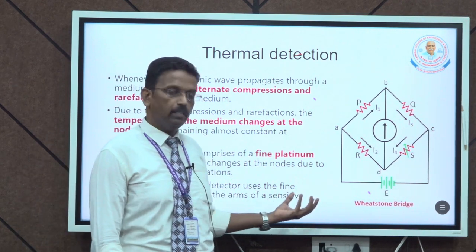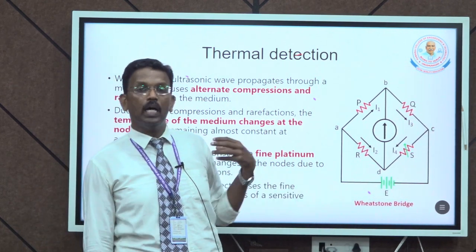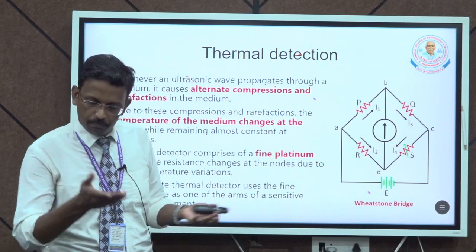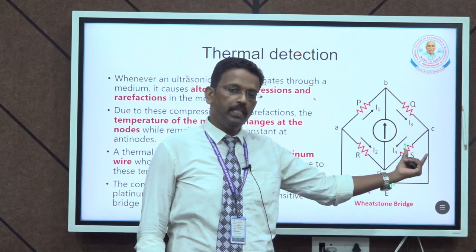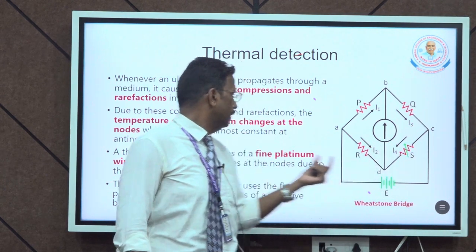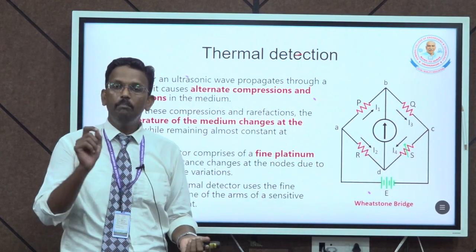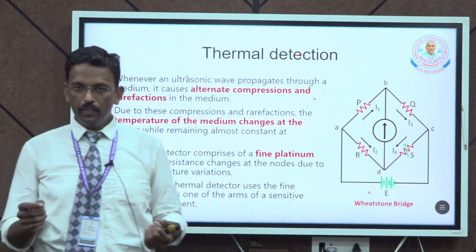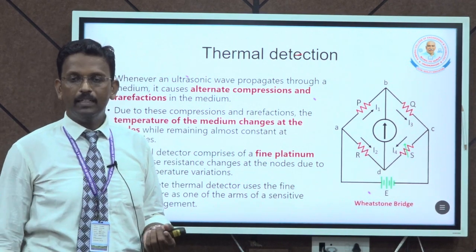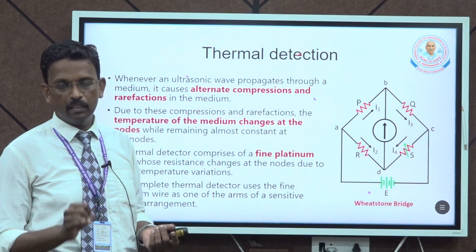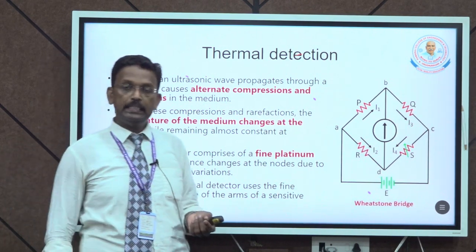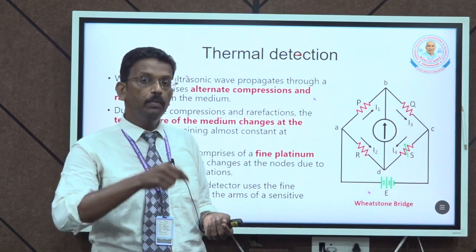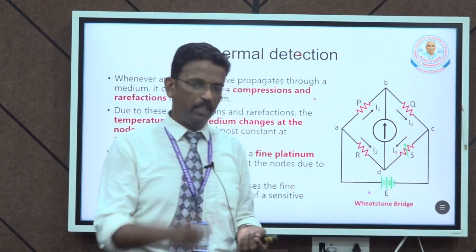In our case, how can we convert the circuit to ultrasonic wave detection? Simple. Instead of this variable resistance, we replace it with one fine platinum wire. We know the property of platinum wire. It is a good conductor and has a very small resistance, and that resistance can be varied with temperature.